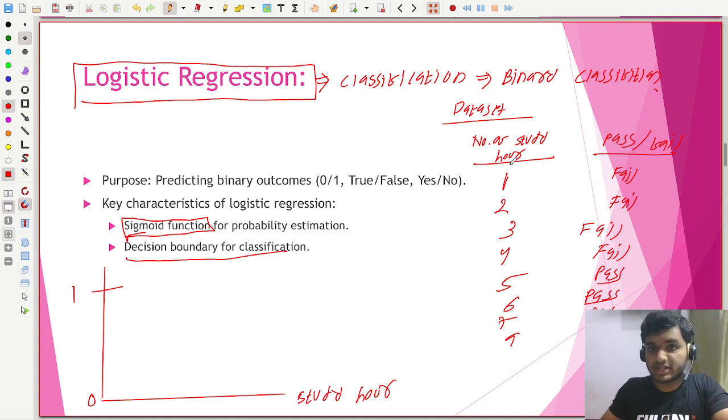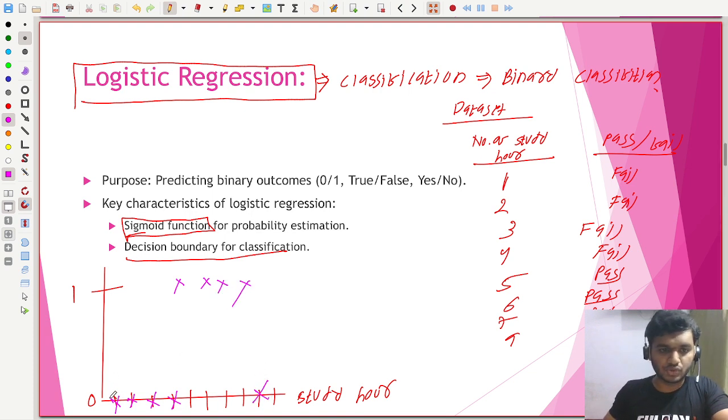Suppose the axis is 1, 2, 3, 4, 5, 6, 7, 8, 9, 10. If study hour is 1, that is fail, so the point will be like this. If study hour is 2, that is fail, so a point like this, 3 fail, 4 fail, 5 pass, then 6 pass, 7 pass, 8 pass and 9 fail.